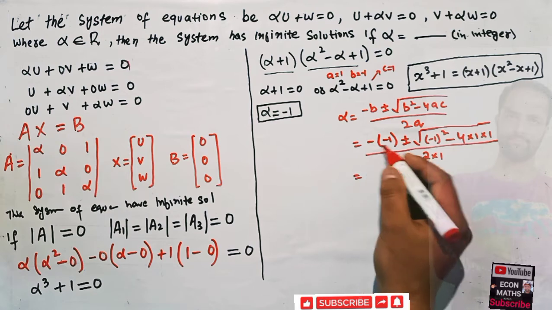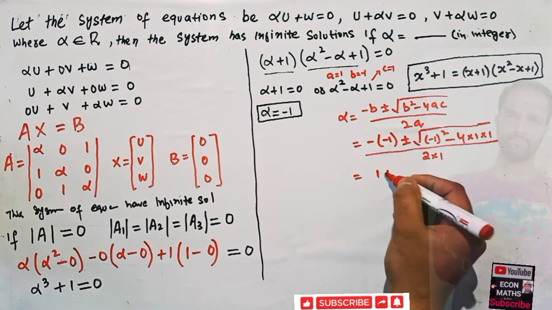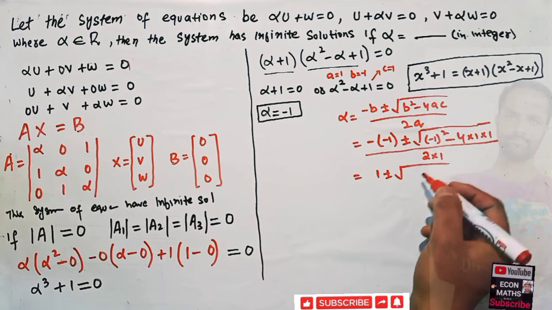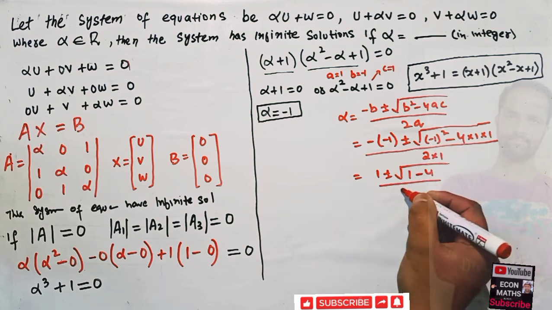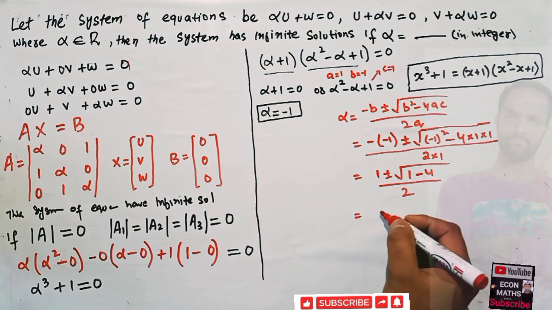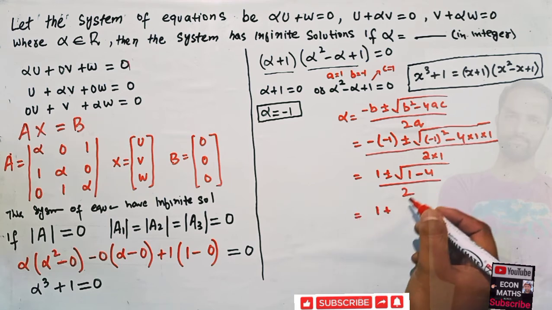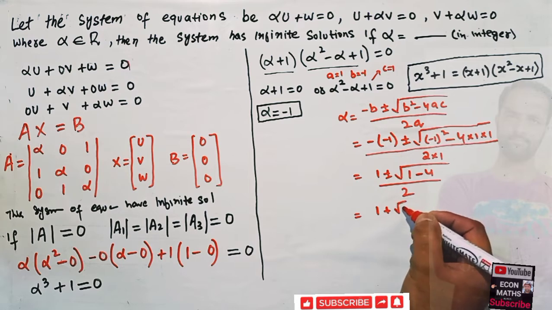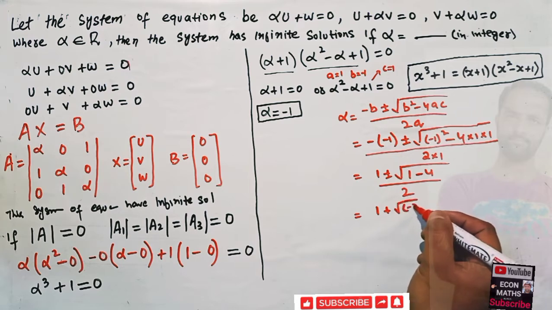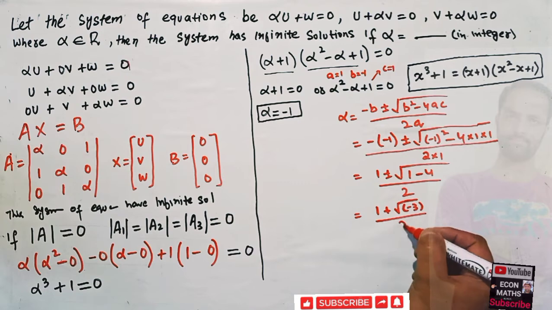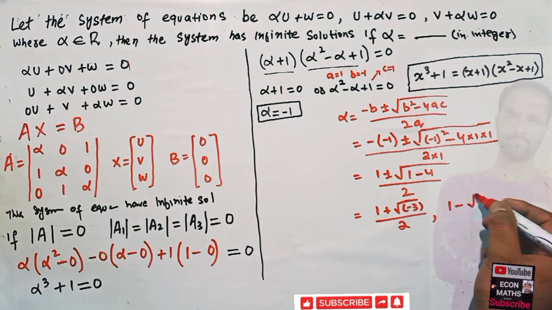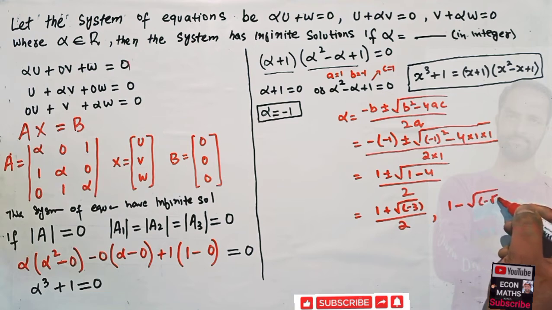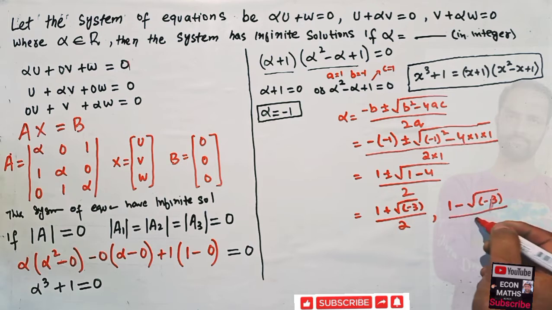So this comes out to be minus minus is plus, we get 1 plus minus under root, minus 1 square is 1, minus 4, upon 2, which implies 1 plus or minus under root of 1 minus 4, that is under root minus 3, upon 2. We have one value as 1 plus under root minus 3 upon 2, or another value, 1 minus under root minus 3 upon 2.